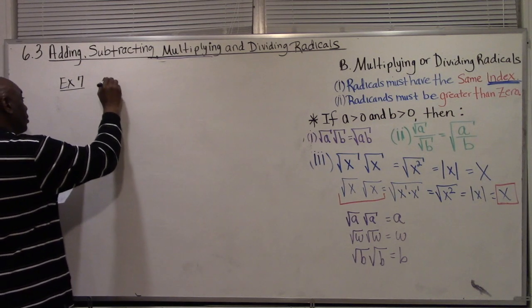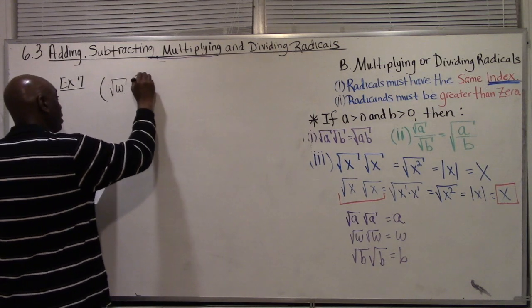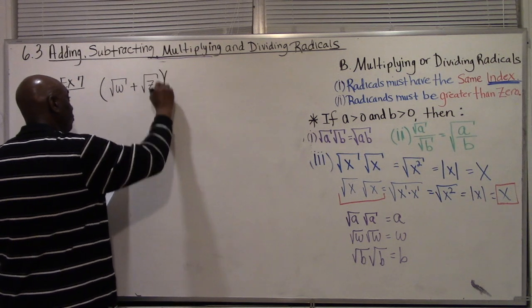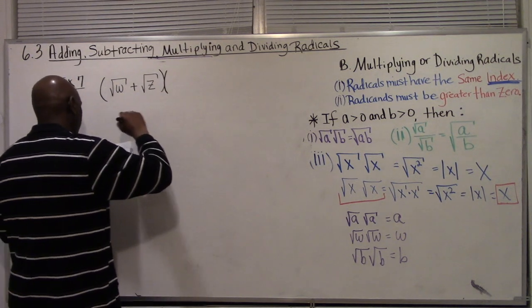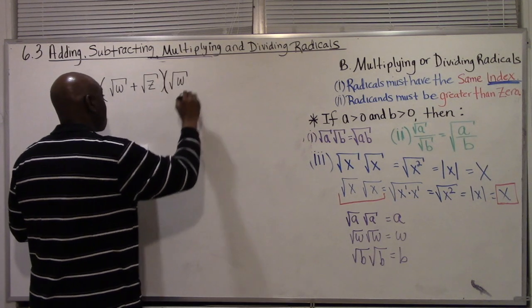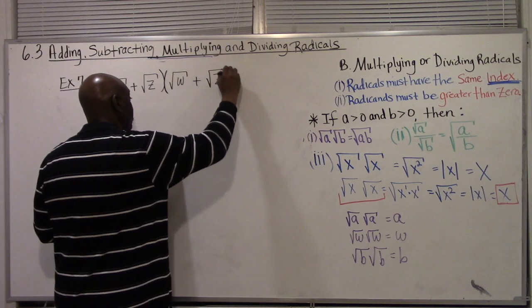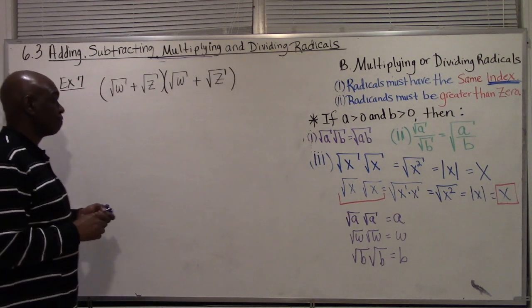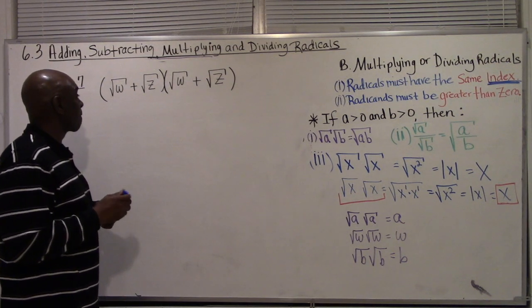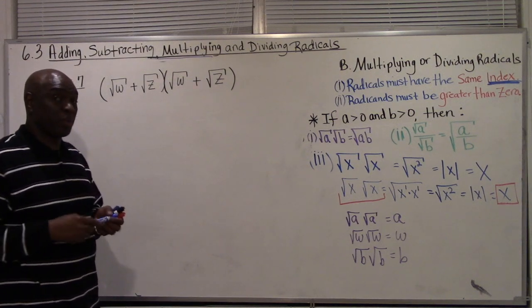The square root of w plus the square root of z, times the square root of w plus the square root of z. Okay? Same thing. Foiling process.